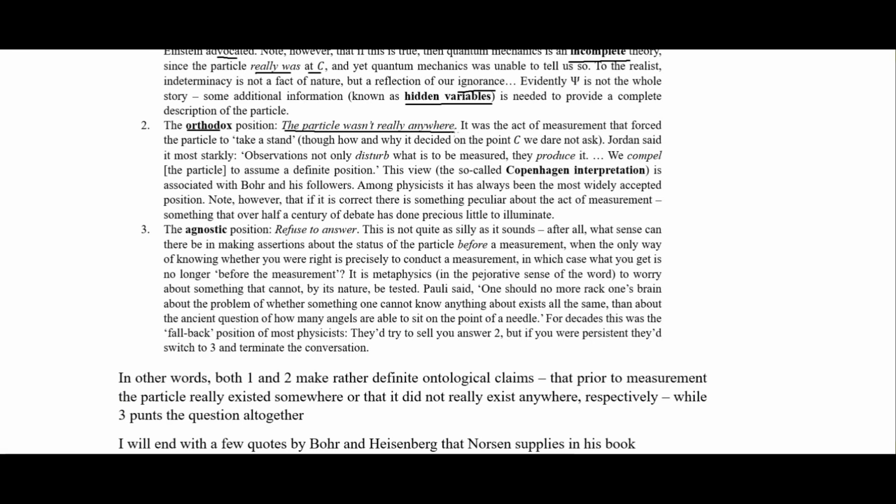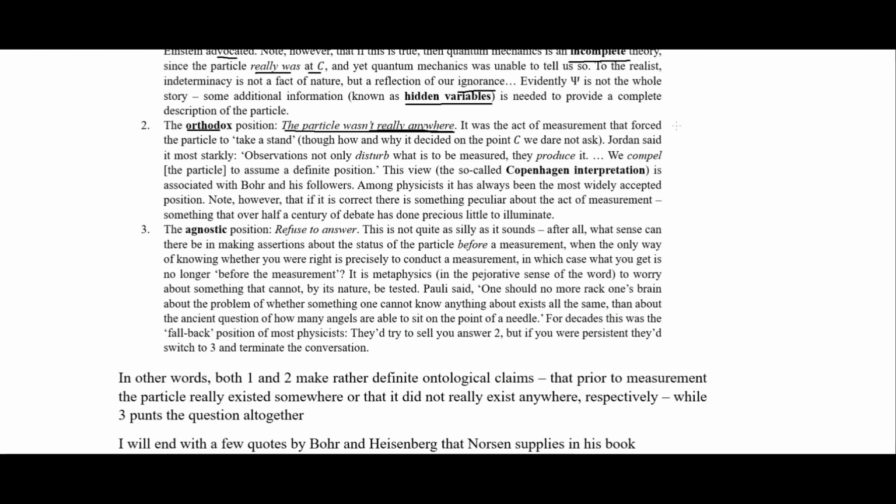Before a measurement or between measurements, to even apply something like position or momentum to the particle is meaningless, and so we shouldn't even bother exploring what is meant by that, because it's not something humans can comprehend, since we have to comprehend things using a classical physics framework. So the orthodox position: the particle wasn't really anywhere.